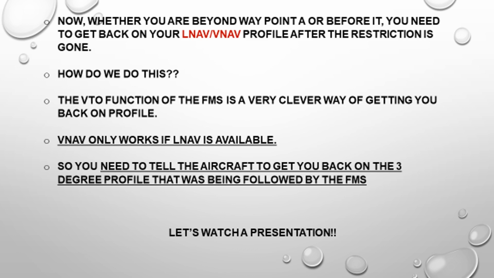The FMS in the Dash 8 Q400 has one very, very clever mechanism on how the aircraft can be brought onto its vertical profile if the vertical deviation is within limits, and this function is called the VTO. VTO stands for, as I mentioned in my very first introductory slide, vertical To.